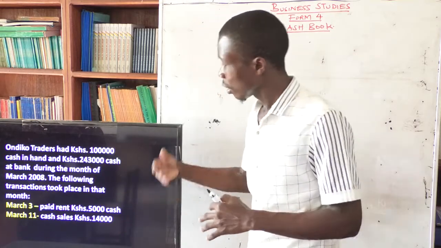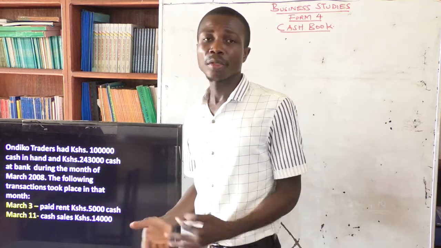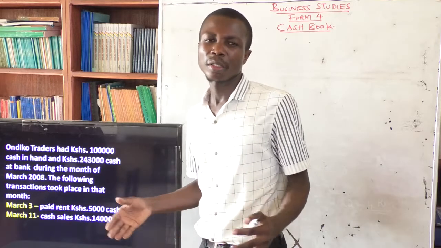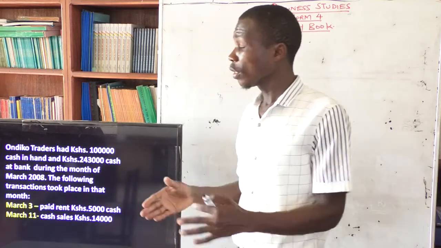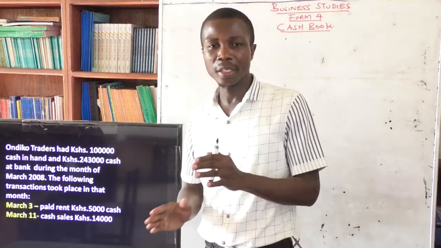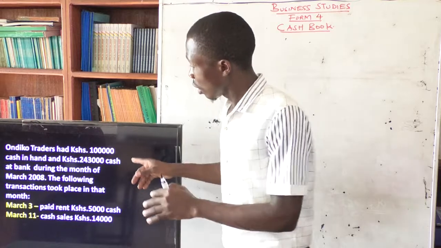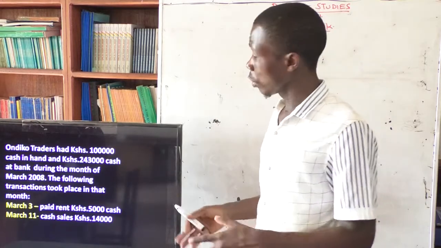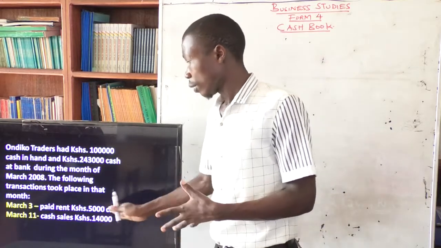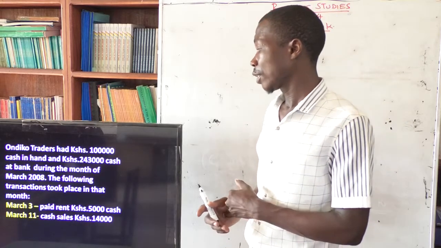Then after that, some transactions follow. And you know, transactions in a business take place over several days or weeks, and so on. Then there was also a transaction where they paid rent, using 5,000 cash.